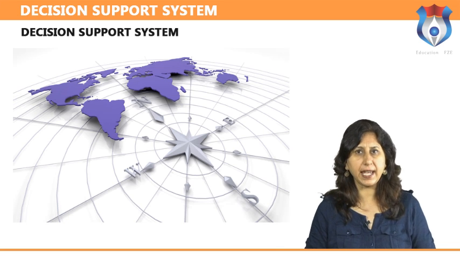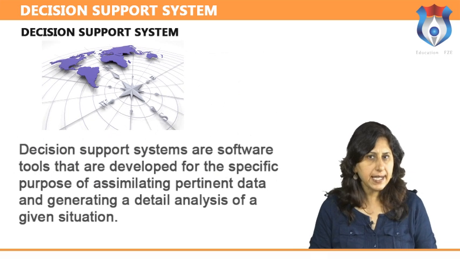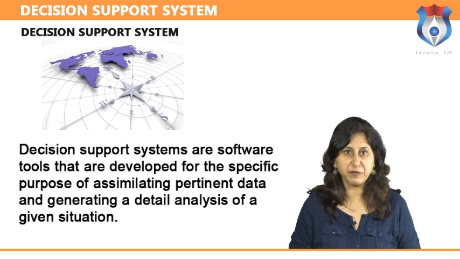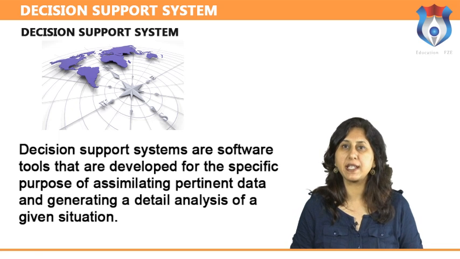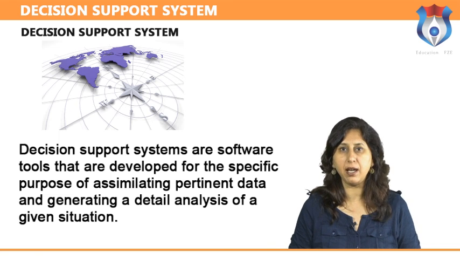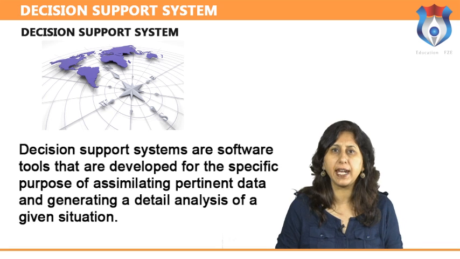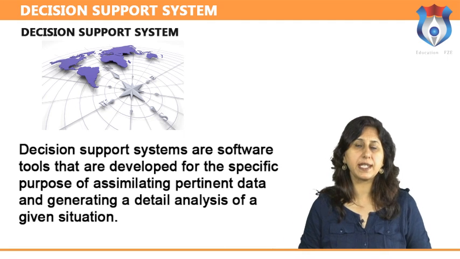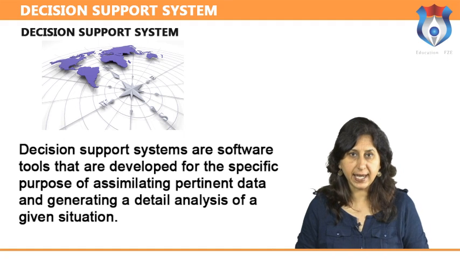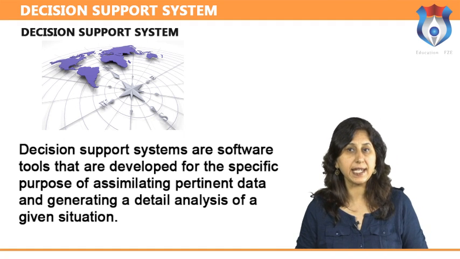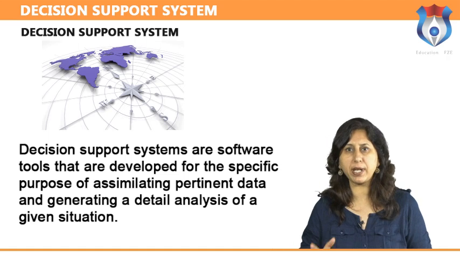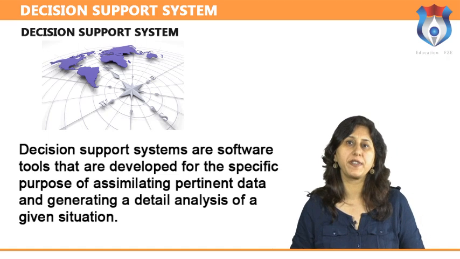Let's study DSS in brief. Decision Support Systems are software tools that are developed for the specific purpose of assimilating pertinent data and generating a detailed analysis of a given situation. The results of the Decision Support System, or DSS, can then be utilized in making an informed decision regarding just about any action or set of circumstances.